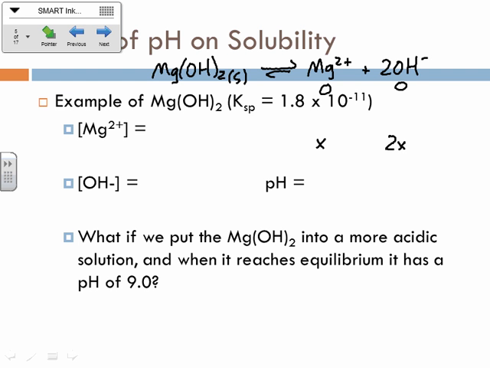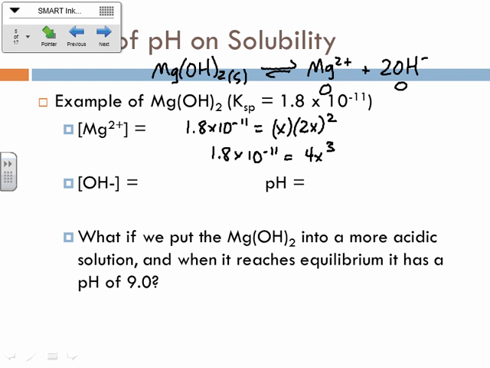Everybody following so far? So then if you plug that into your KSP expression, you've got 1.8 times 10 to the negative 11th is equal to x times 2x squared. And again, we just talked about this. Does everyone understand where the squared part comes from? Okay. You're going to get to a point maybe where you see the solubility like this with a 1 to 2 stoichiometry, and you're just going to remember, oh yeah, that's 4x cubed, without even doing an ice table.